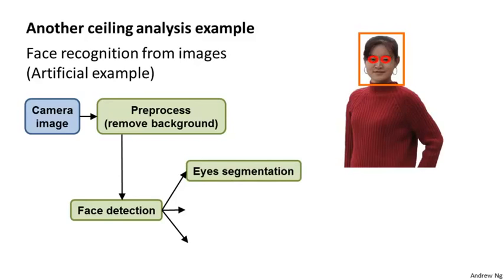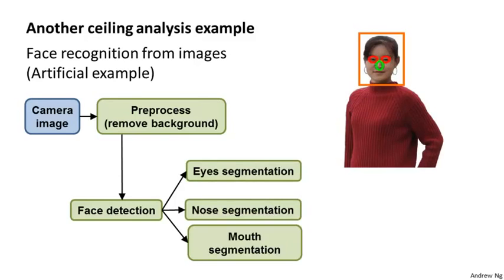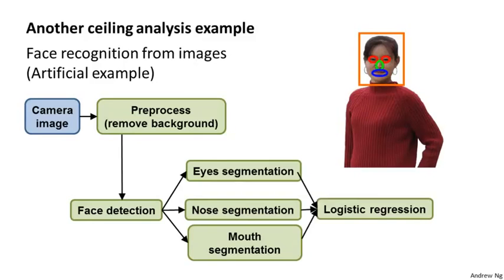So segment out the eyes, and since this will give us useful features to recognize the person, and then other parts of the face of particular interest, maybe segment out the nose, segment out the mouth, and then having found the eyes, the nose, and the mouth, all of these give us useful features to maybe feed into a logistic regression classifier, and it's the job of the classifier to then give us the overall label, the final label for who we think is the identity of this person. So this is a kind of complicated pipeline.